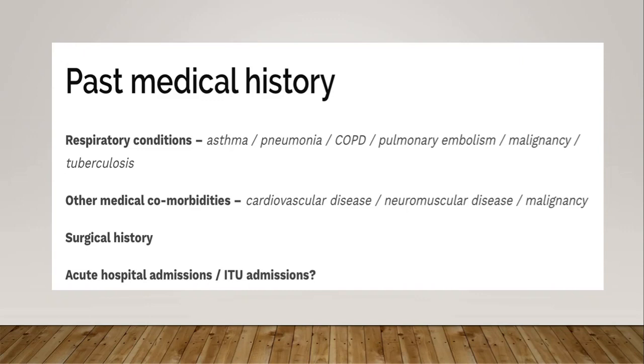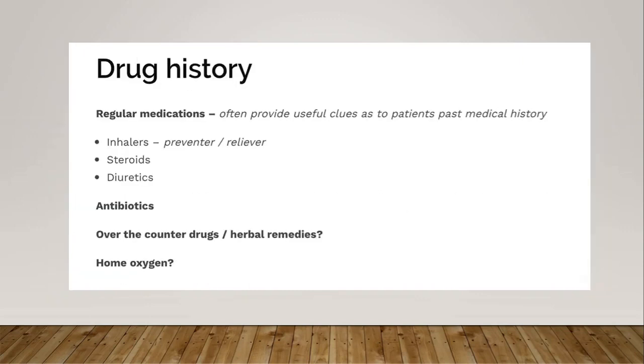Drug history: is the patient on regular medication? Is he taking an inhaler, a preventer or reliever like a rescue salbutamol inhaler, inhaled steroid or oral steroid, diuretics, antibiotics, sometimes oxygen or home oxygen?